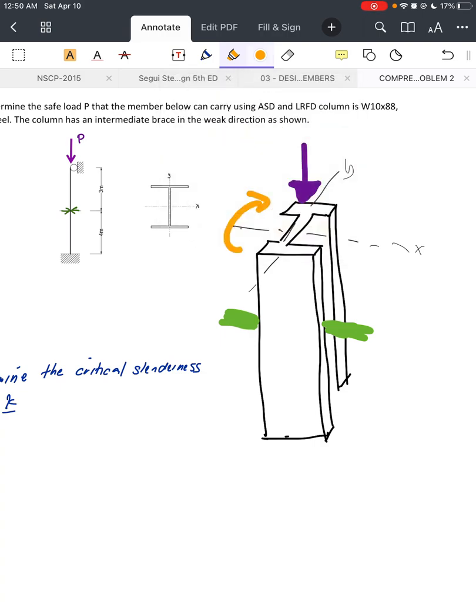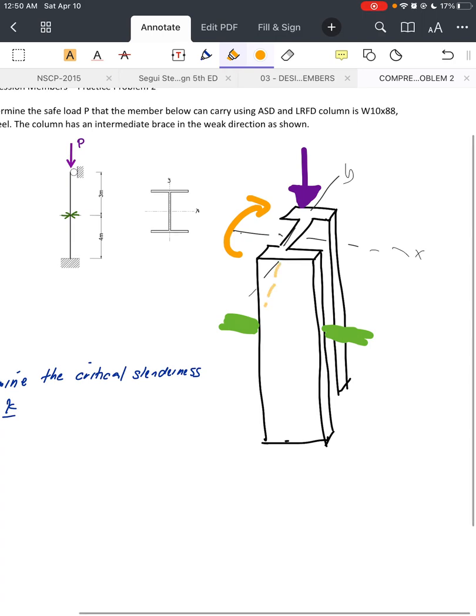So, kung nag-rotate or nag-buckle along x-axis, your deformation will be like this. Okay? So, magbibend siya ng paganyan.